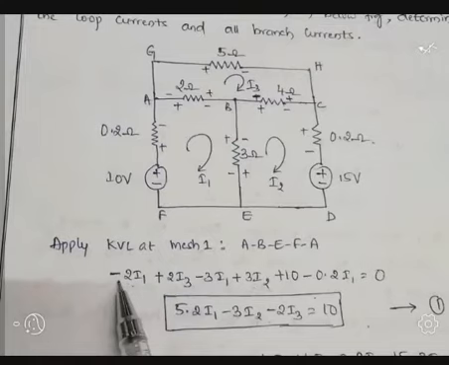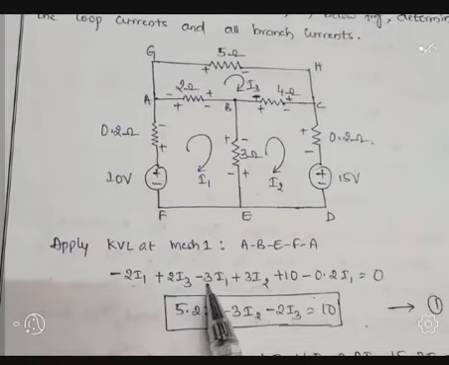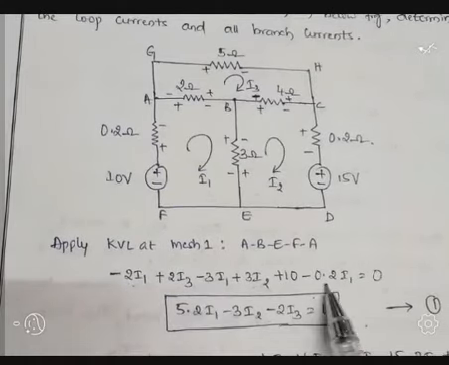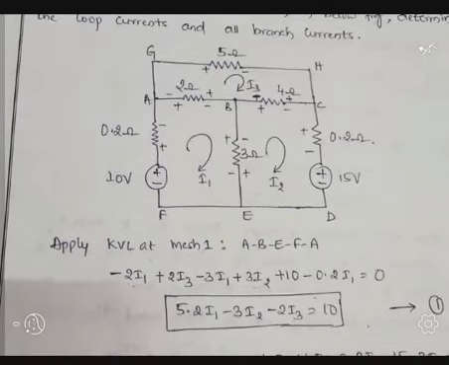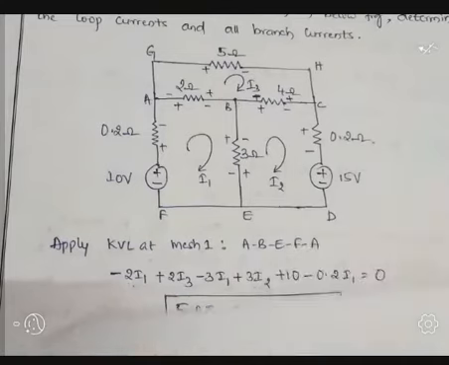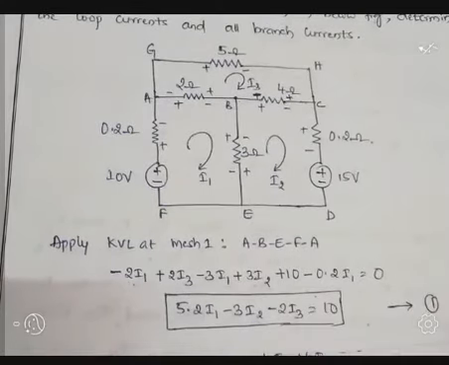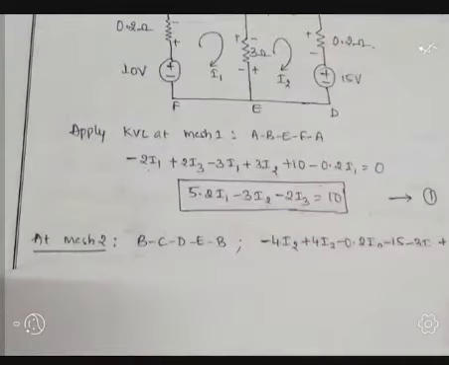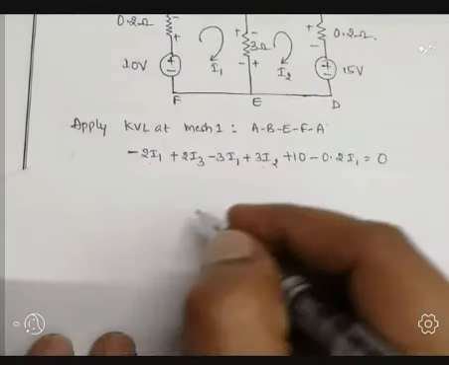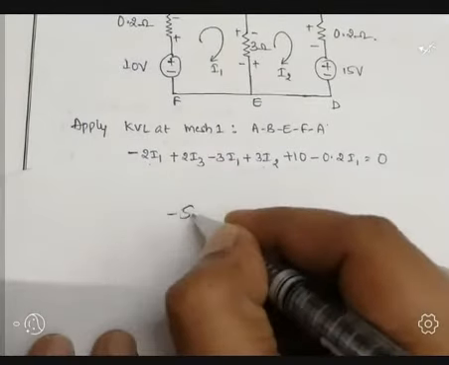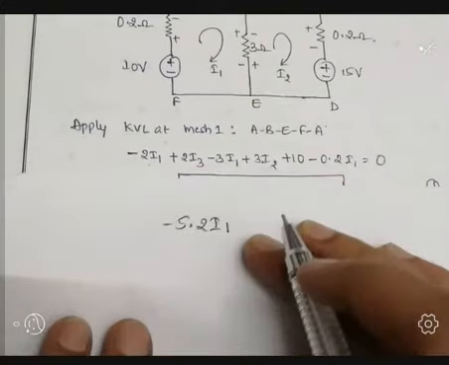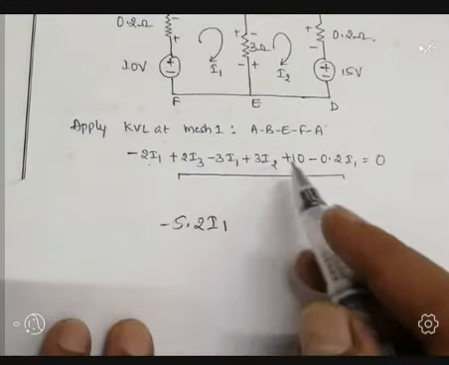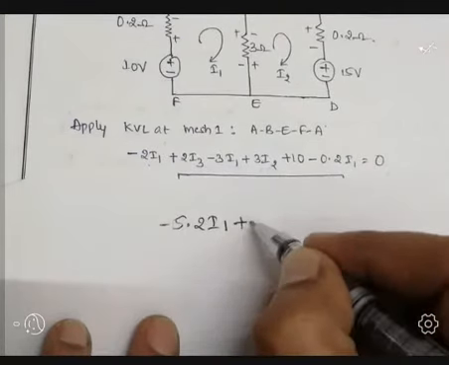Minus 2, minus 3 becomes minus 5, minus 0.2, hence it becomes minus 5.2. Hence we will get minus 5.2 I1. Next, the coefficient of I2, only one is there, that is 3I2.